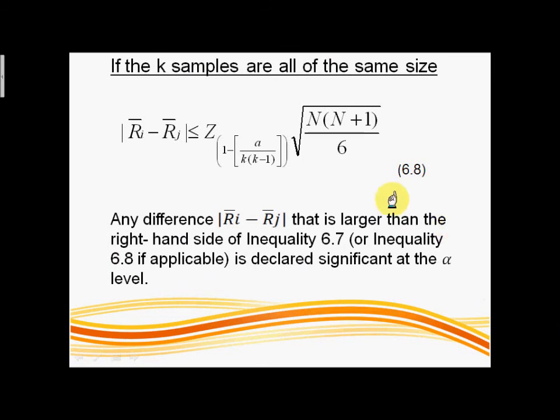Second, if the K samples are all of the same size, we use inequality 6.8. Any difference, modulus R bar I minus R bar J, that is larger than the right-hand side of inequality 6.7 or 6.8, if applicable, is declared significant at the alpha level.